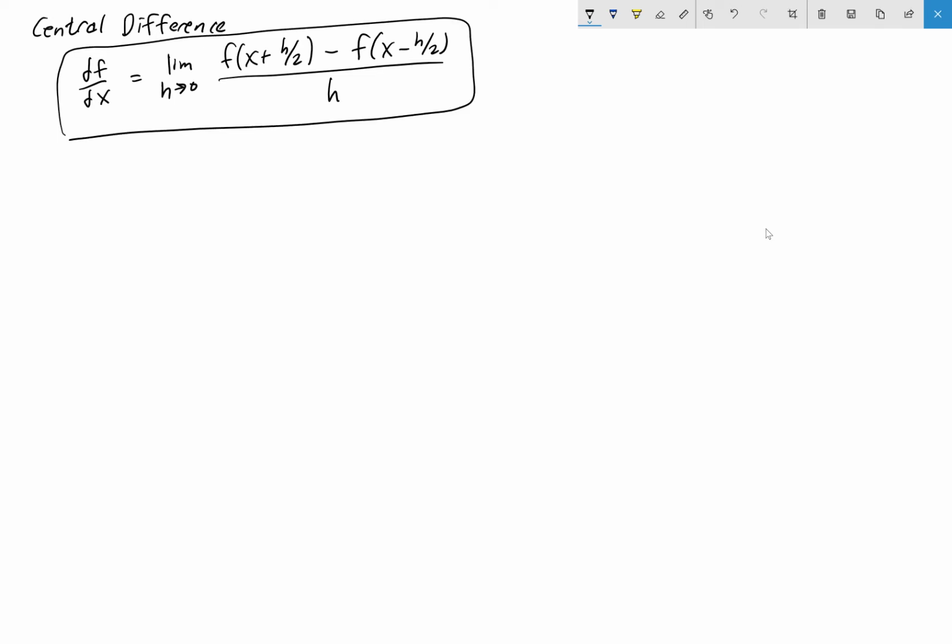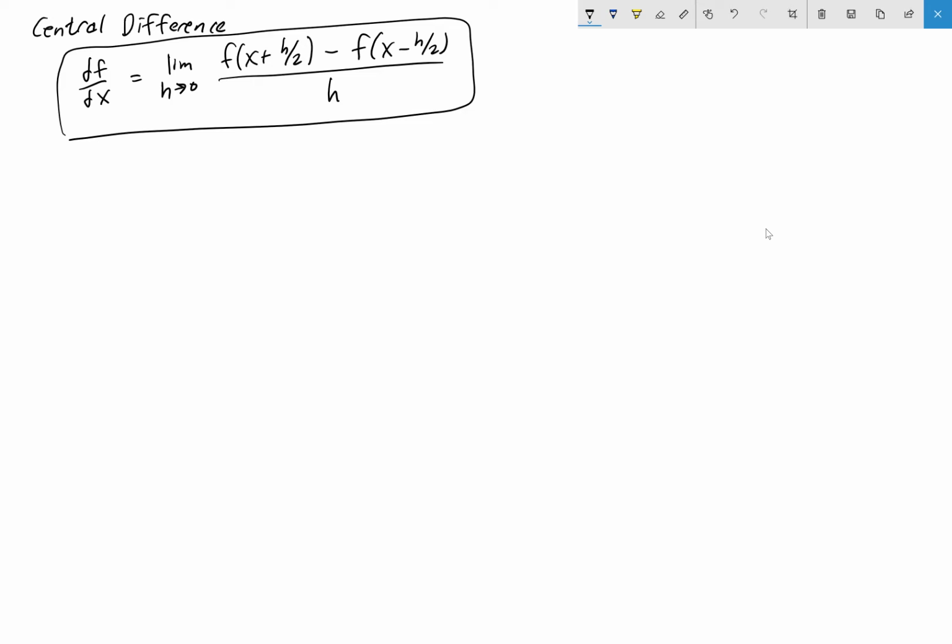So the central difference, df dx, is equal to the limit as h approaches 0 of f at x, take half a step forward, minus taking half a step back. Divide all that by h. And that's our most accurate way to do a numerical derivative.